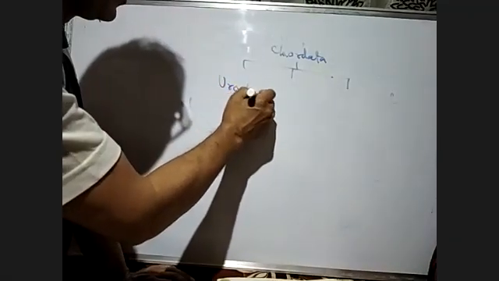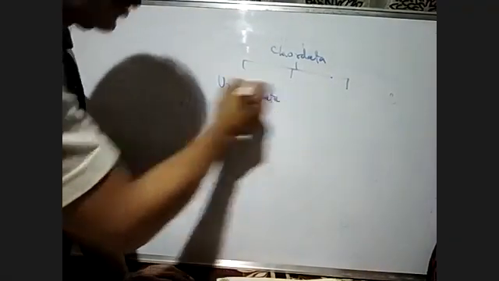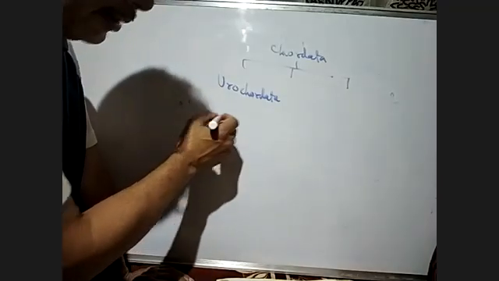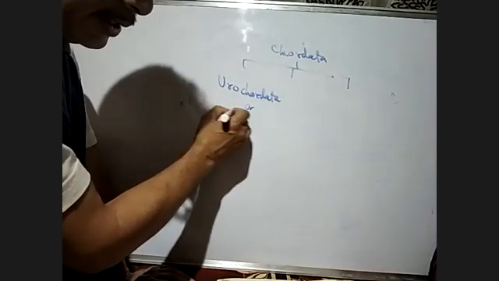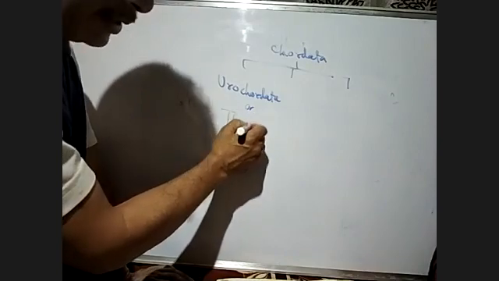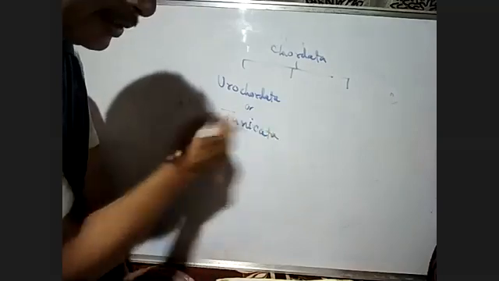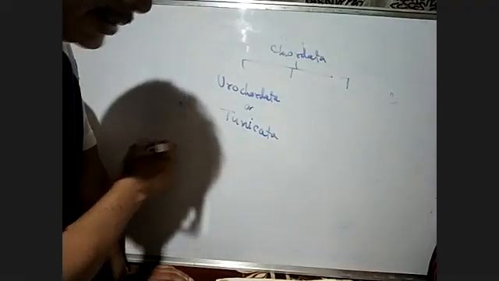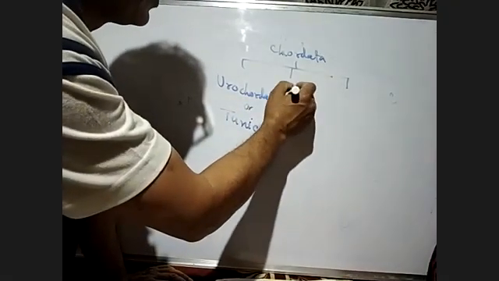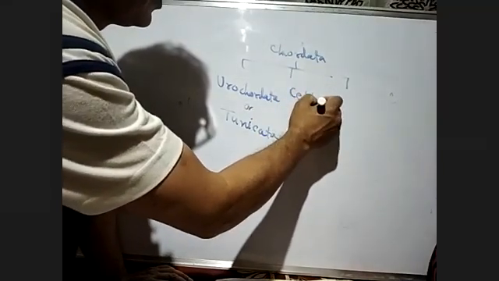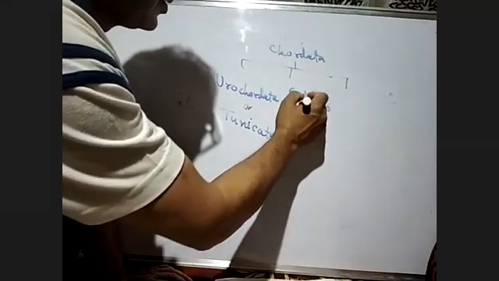First is Urochordata. Urochordata are also called tunicata. Then cephalochordata.